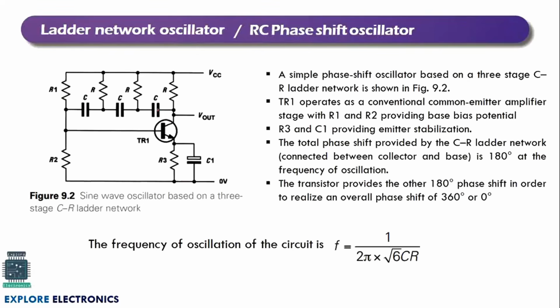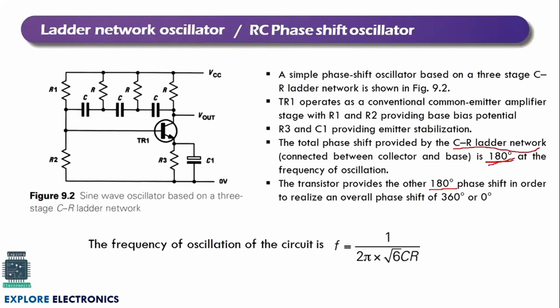Okay, this is what the amplifier is, and the three combinations of R and C will be a feedback network. Here we need to understand the RC ladder network: the combination of R and C, three pairs, are producing a 180 degree phase shift. That will act as a positive feedback, and it is producing 180 degree phase shift. And another 180 degree phase shift will be obtained from the transistor, means the amplifier. So in the previous slide we have seen we need to have the oscillator condition in such a way that the overall phase shift of the circuit should be 360 degree.